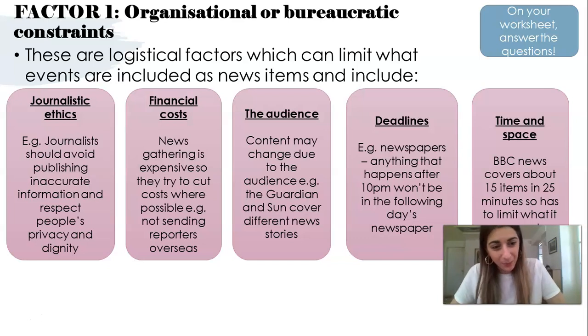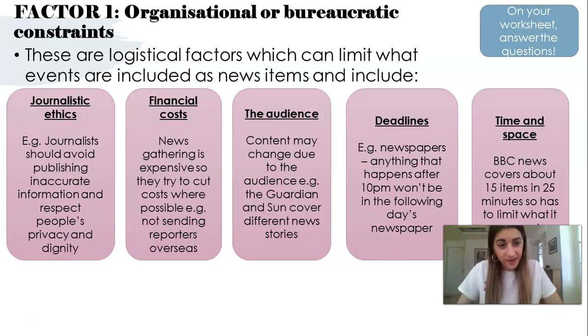Now there are actually boards that monitor journalists to make sure that they're avoiding publishing inaccurate information and that they're respecting people's privacy. That's not necessarily always followed, but the guidance is that journalists should avoid publishing inaccurate information and they should respect people's privacy and dignity.